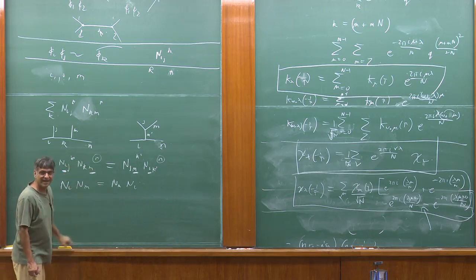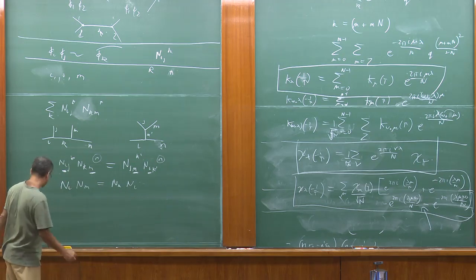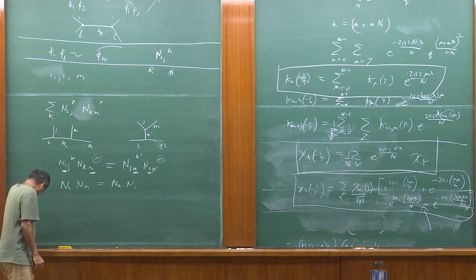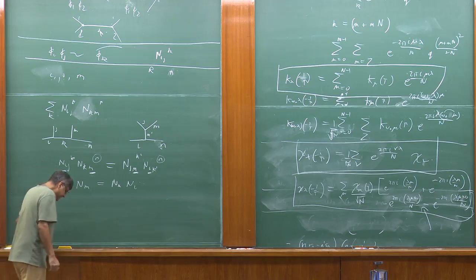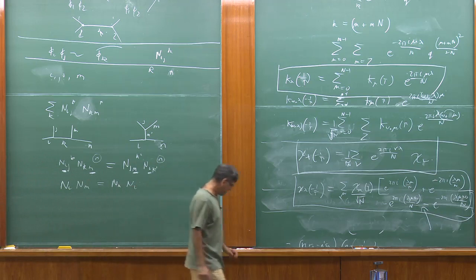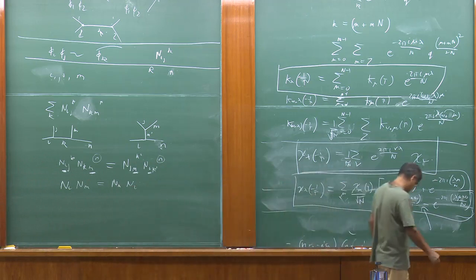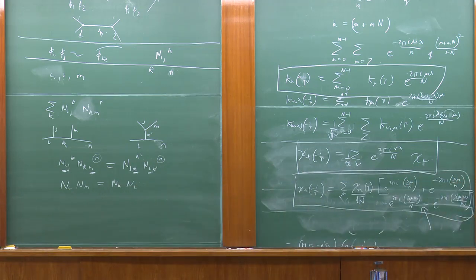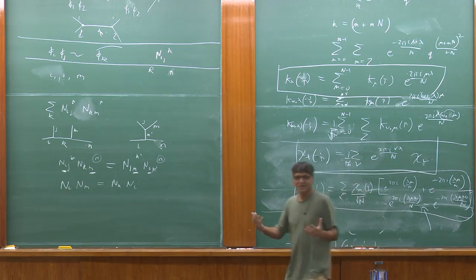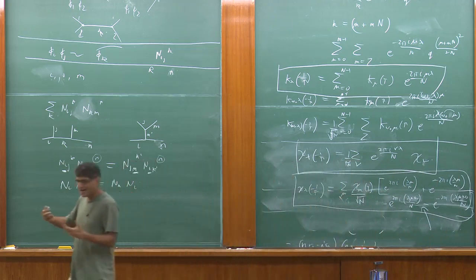Is it something like the structure constants also in the adjoint representation concept? It's a different thing. This is talking about how representations fuse. Well, structure constants are talking about the commutation relation of the algebra.